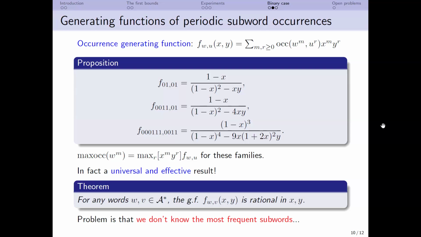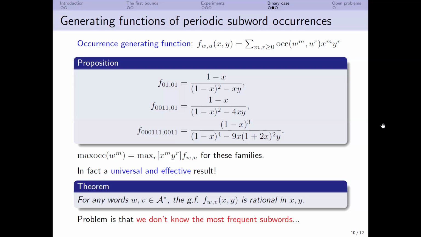The period of the subword is denoted by U, the period of the word denoted by W. And then we use the variable X for the repetition of the word and Y for the repetition of the subword. Then we do some computation because we can write recurrences on the number of occurrences of these periodic words. And we obtain that they are, in fact, all rational functions of quite simple form.